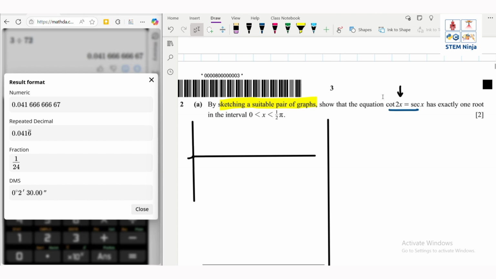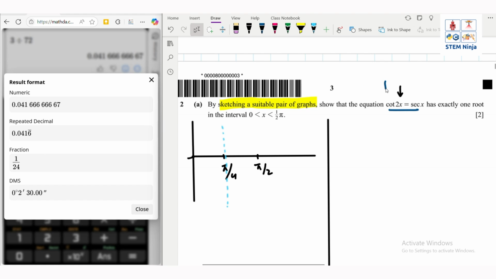So usually the period is pi, or 180. The period will then be reduced by half to pi by 2. So let's go with pi by 2 over here. This would be pi by 4. And let's draw a dotted line over here because this is where the crossing will happen.